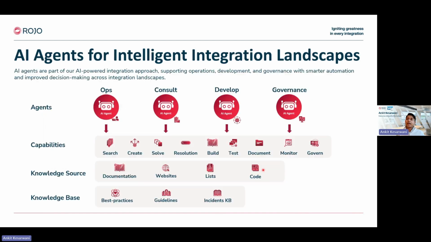So what do we mean by that? We mean that an AI agent can have multiple layers to it, and it can enable not only my runtime interfaces, but also help my developers and my ops team members and other personas in their day-to-day activities.